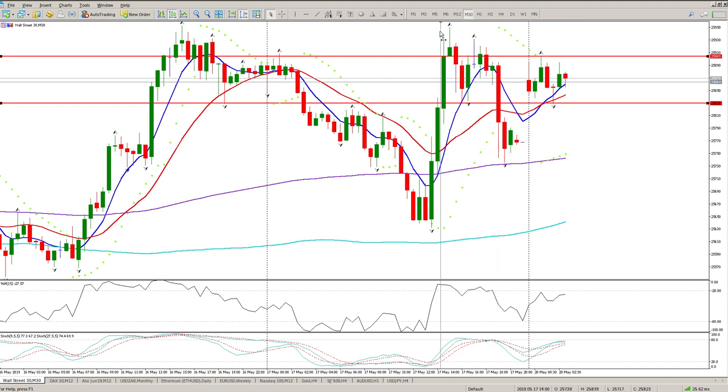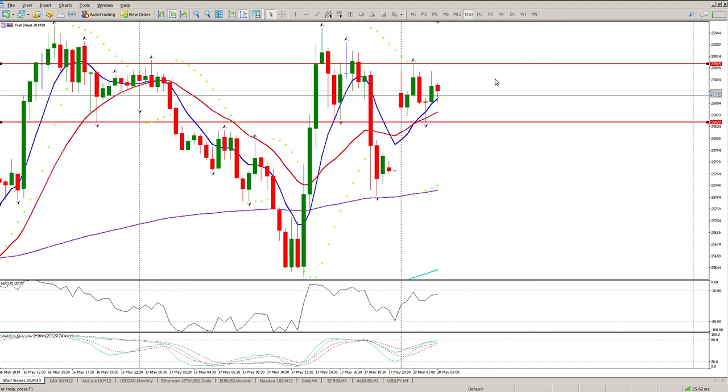Let's put this in the middle. Okay, so if we do get a break above 25,905, 25,910, that's going to give us a move to the upside.